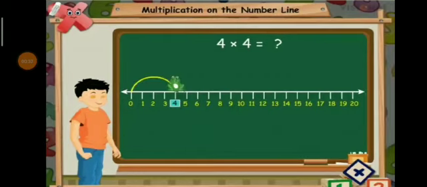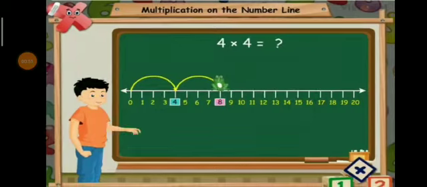We will start from 0. From 0, we will count 1, 2, 3, 4. So after the first jump, we will come on 4. Now, we have to take our second jump.